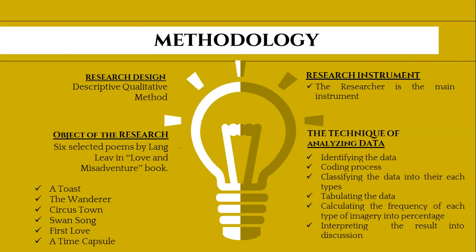For the technique of analyzing data, there are six steps. The first one is identifying the data by reading the poems several times. After that, I went to the coding process, in which I coded the words one by one that were considered as imagery types, and then classified the data into each type, and then tabulated them to make the data easy to read.